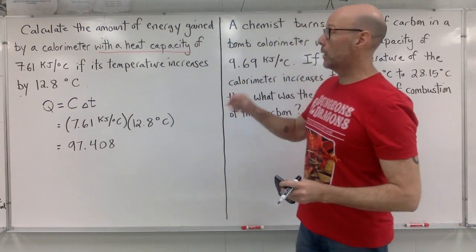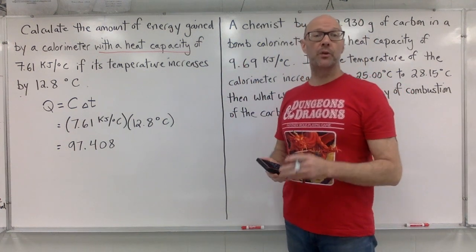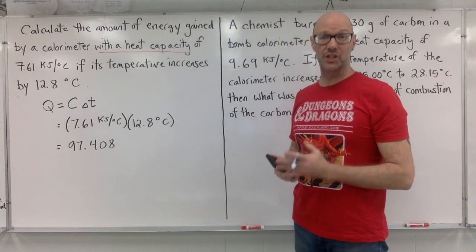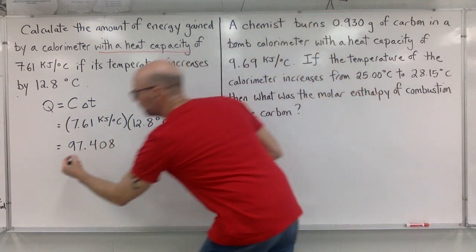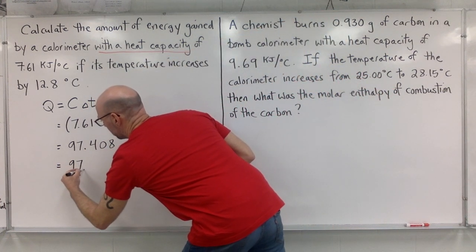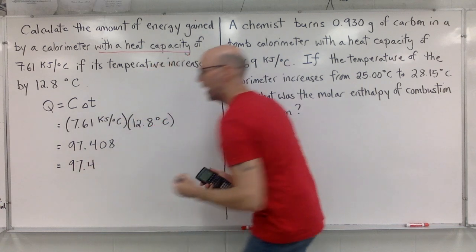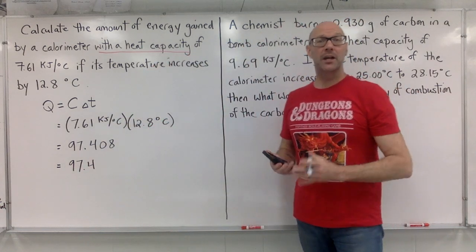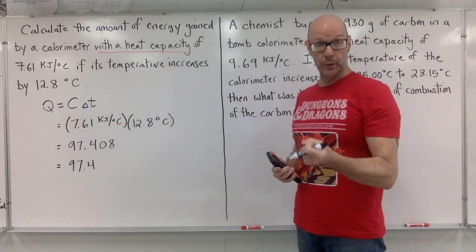Let me go back to the question. The two values both have 3 significant digits. I'm going to round off. 97.4. Here, it's very tempting to want to put joules in there.